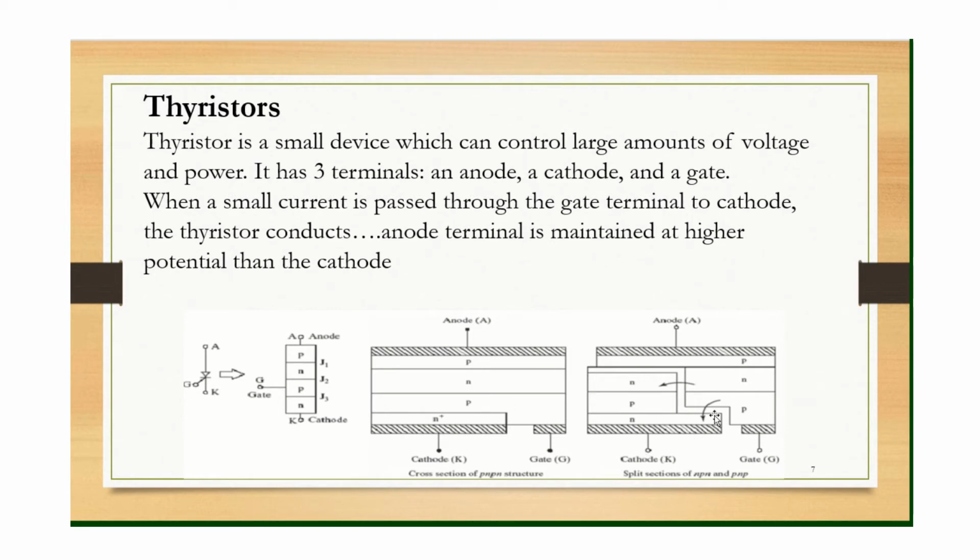The construction you may see as two NPN and PNP transistors merged together like this. We will discuss in detail about all these as we discuss thyristors in module 2.